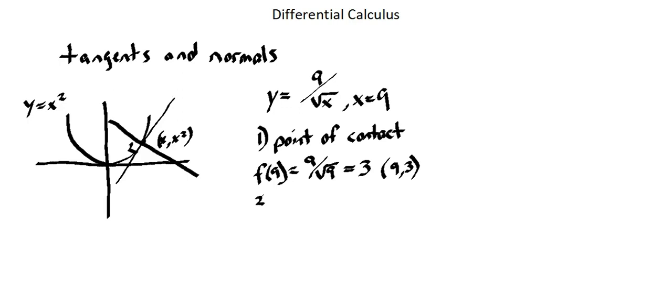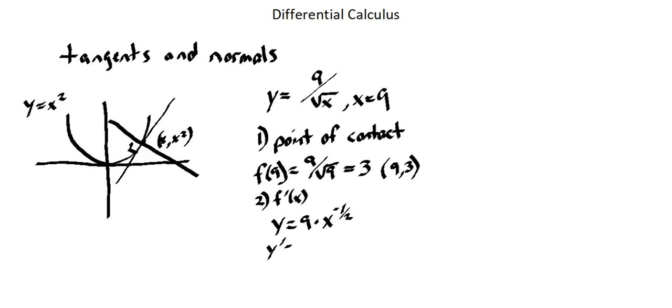Next, I'll calculate my derivative function, f prime of x, and it helps to rewrite the original function. Y equals 9 times x to the power of negative 1/2, because the square root of x in the denominator is equivalent to x to the power of negative 1/2.